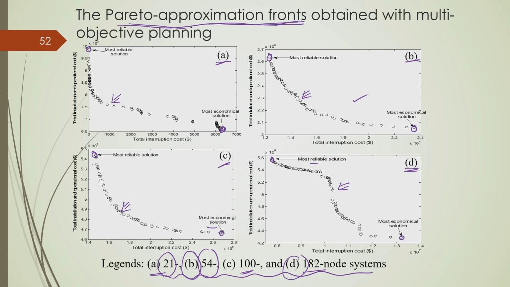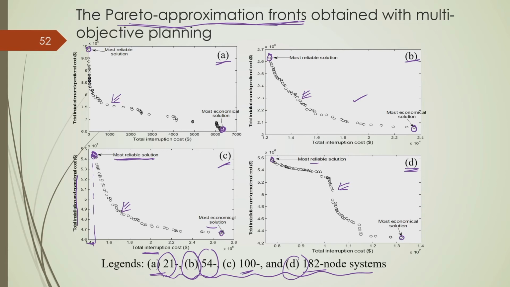So, in view of one objective, that is total interruption cost, this solution is having the lowest value, but it is having the highest value in view of the other objective function, and that is why this solution is called the most reliable solution among this Pareto approximation solution, because it gives the best solution in view of this total interruption cost, but the worst solution in view of the total investment and operational cost.